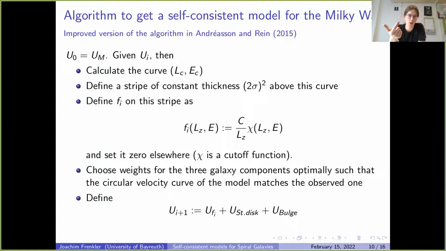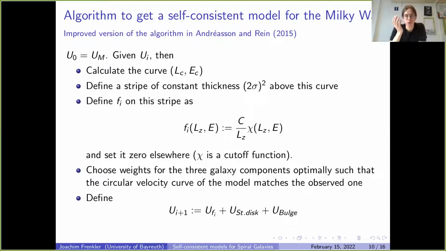So the potential of our model always looks similar to the potential of the real galaxy, and the potential does not change much between each step. Since the potential is responsible for the shape of the curve of angular momentum and energy on circular orbits, this curve does not change much. Hence, the orange stripe looks quite similar between each step, and also Fe is similar in each step.